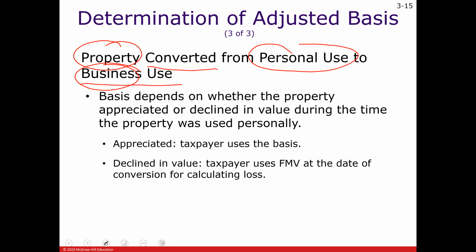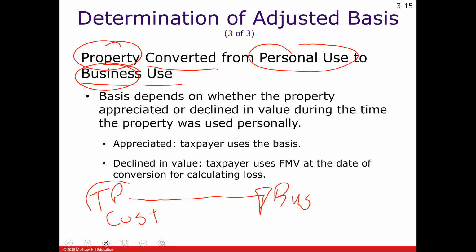So we have a taxpayer that has an initial cost basis, maybe just bought the car and is using the car, and now we're converting it to business use versus over here personal use. It doesn't matter how long you've held it. What you've got to do is now look at the value on the date of conversion, the fair market value.